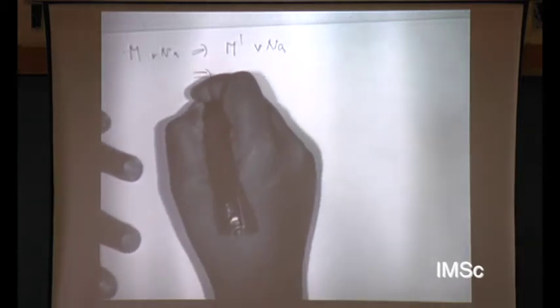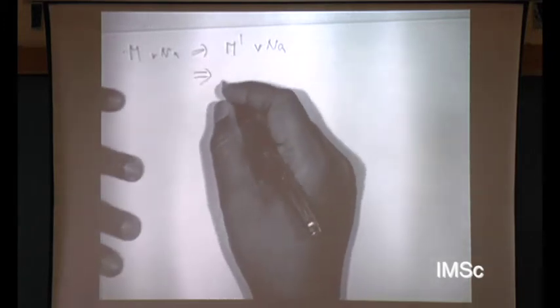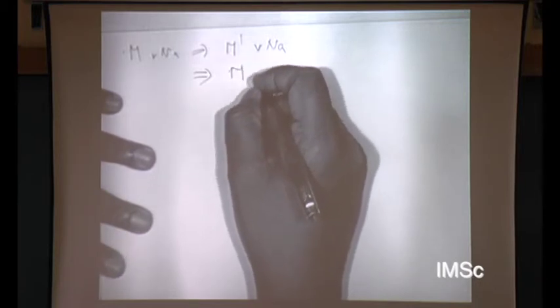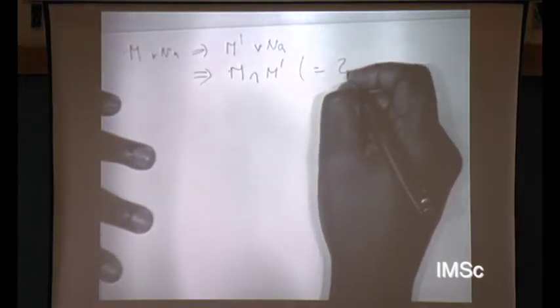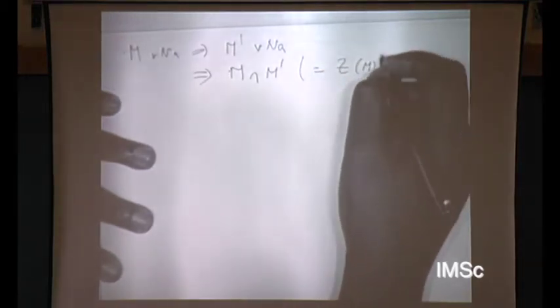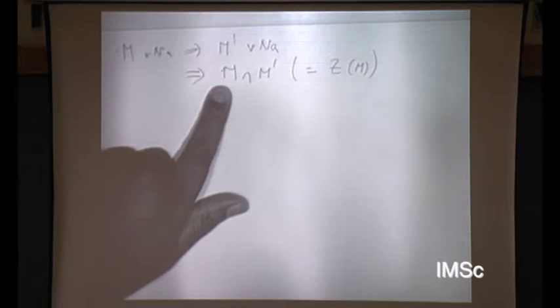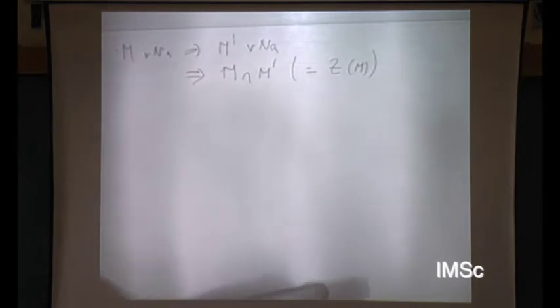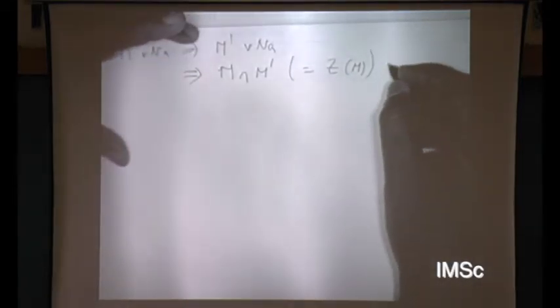And the intersection of any family of von Neumann algebras is again one such. So in particular, M intersect M' is the von Neumann algebra which is usually called the center of M. Center meaning, by definition, all those things in M which commute with everything in M. And in a group, you say the center is all those things which commute with everything in the group. So this is also a von Neumann algebra.